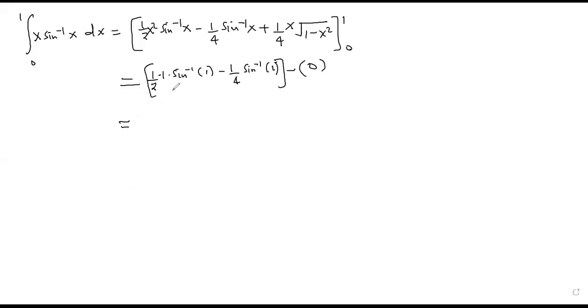Sine inverse of 1 comes up with 45 degrees. It's better you put your calculator in radians, or you can put it in degrees and then convert to radians later. But this one here gives us pi over 4. Then a quarter sine inverse of 1 gives us pi over 8.